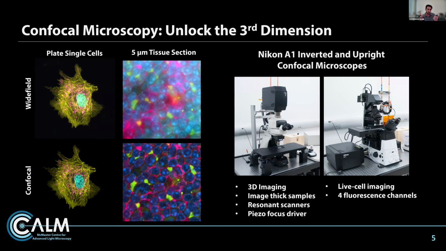And these are all, again, working through a similar principle in that they are blocking out of focus light to give you nice optical sections and high contrast. But they all have their own advantages and disadvantages. And the choice of the microscope should really be driven by the kind of sample you have and the research question that you are trying to answer.